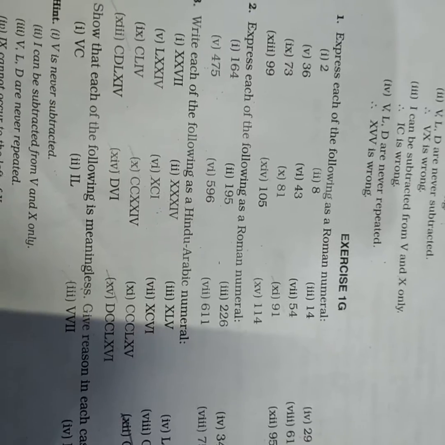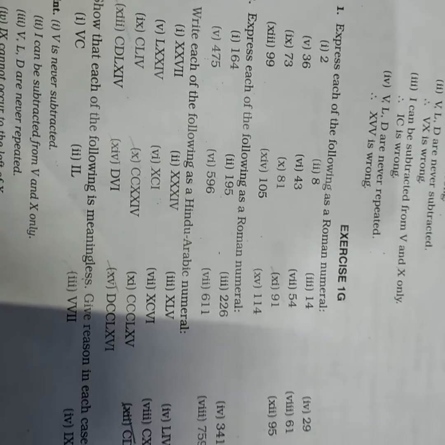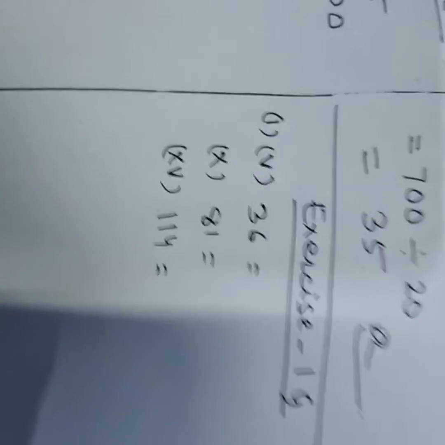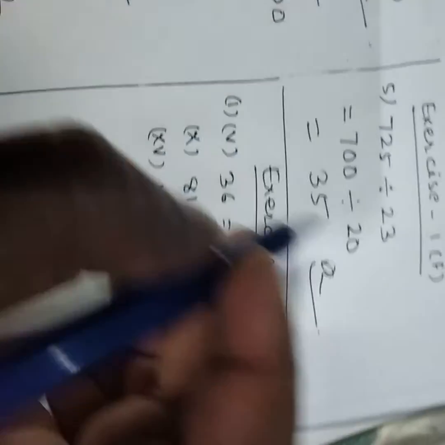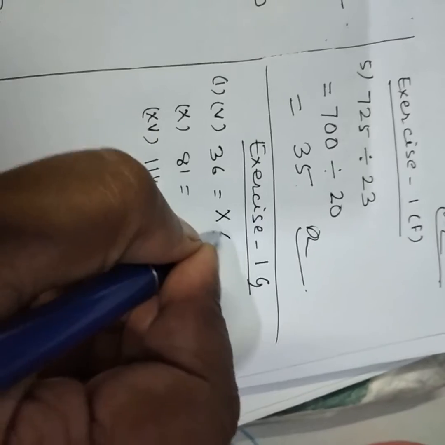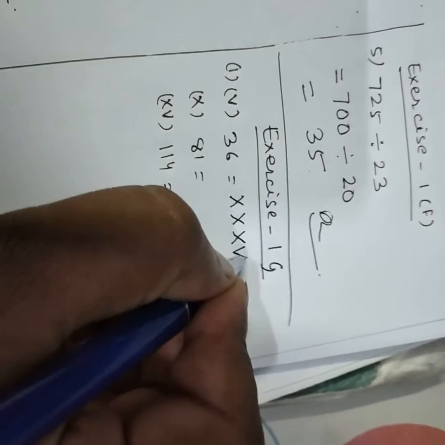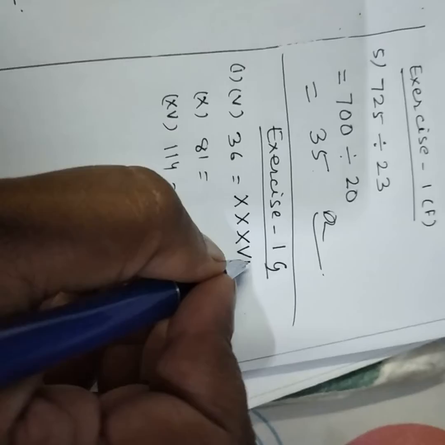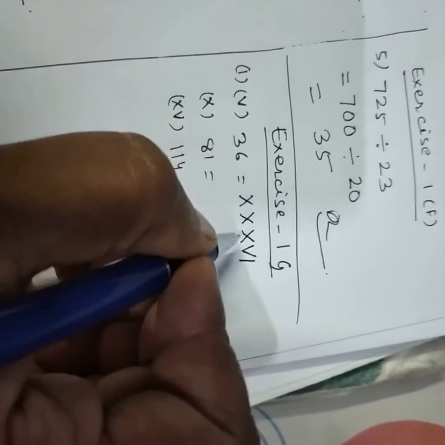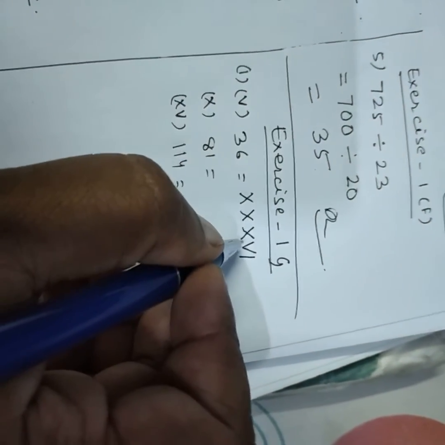From these I am going to solve a few questions, like the 5th, 10th and 15th. The 5th one is 36. So 10, 20, 30, 5 and 6. This is 36, the Hindu Arabic number, and this is the Roman numeral.